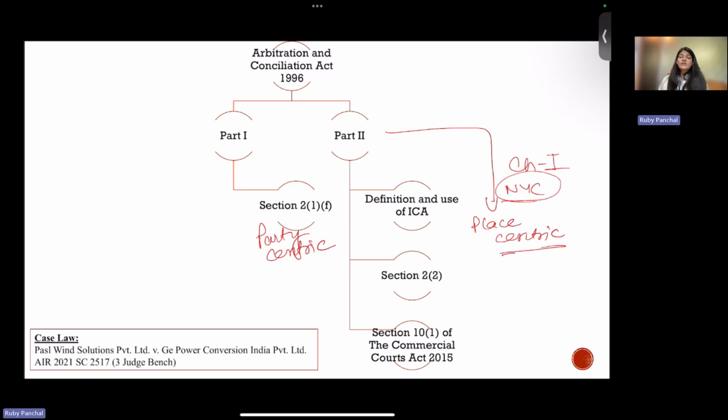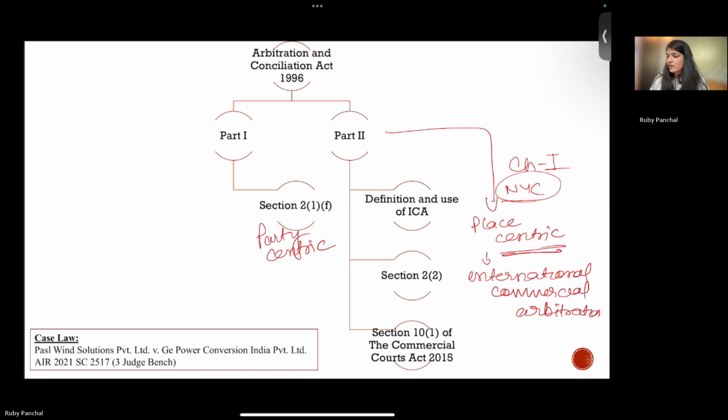So the only thing we are concerned about is the place of the arbitration, and when we try to define international commercial arbitration in this Part 2, we have to look at it from a place-centric point of view, right?